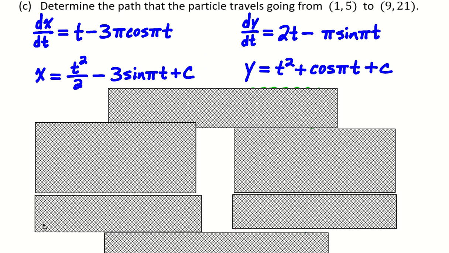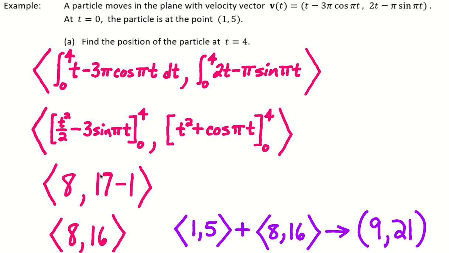And I think that's why I had that initial reaction, because this was pretty much an initial value: when t equals 0, x literally equals 1, and y literally equals 5, as far as a position vector, you know what I mean?